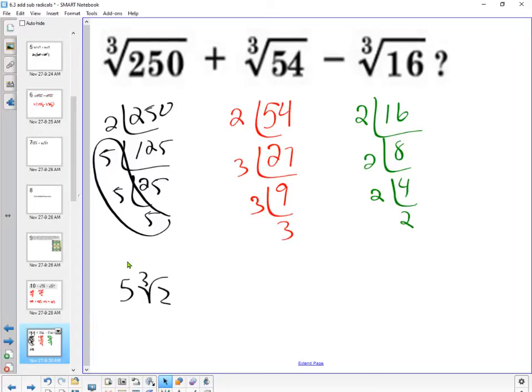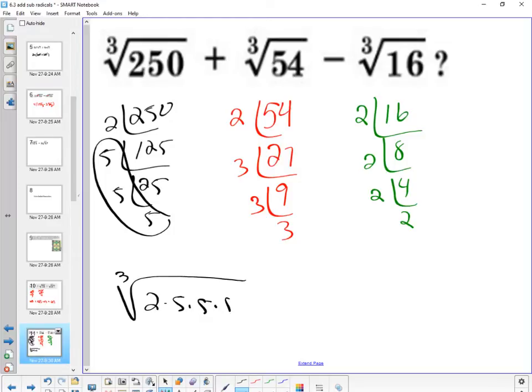All right. Let me erase this real quick. So, this third root of 250, once you break it down, ends up being 2 times 5 times 5 times 5. This other one ends up being the third root of 2 times 3 times 3 times 3, right?